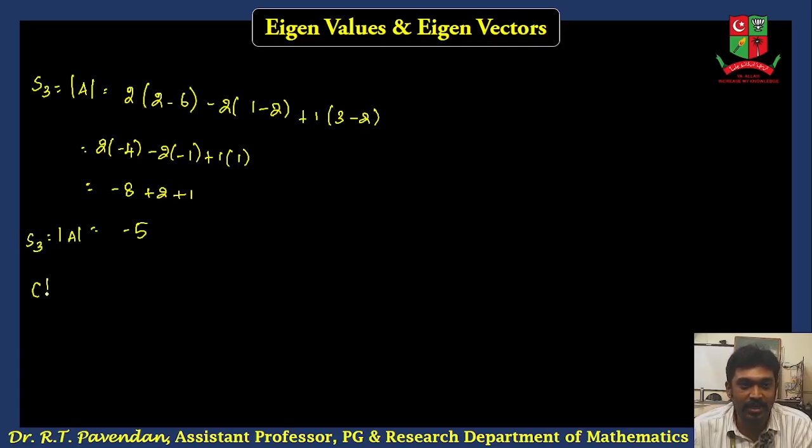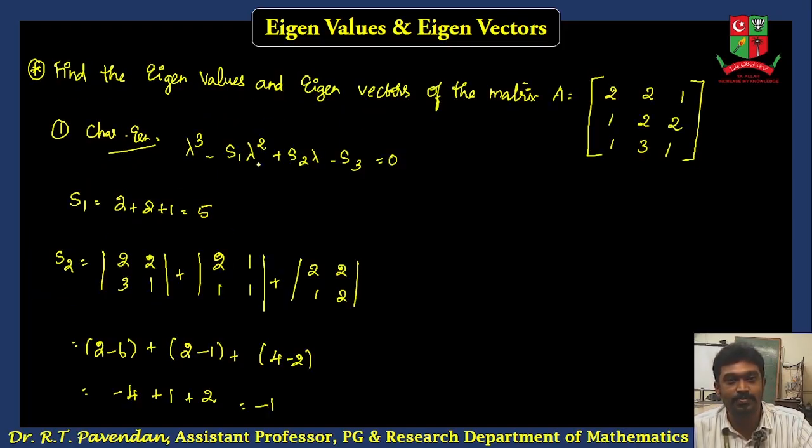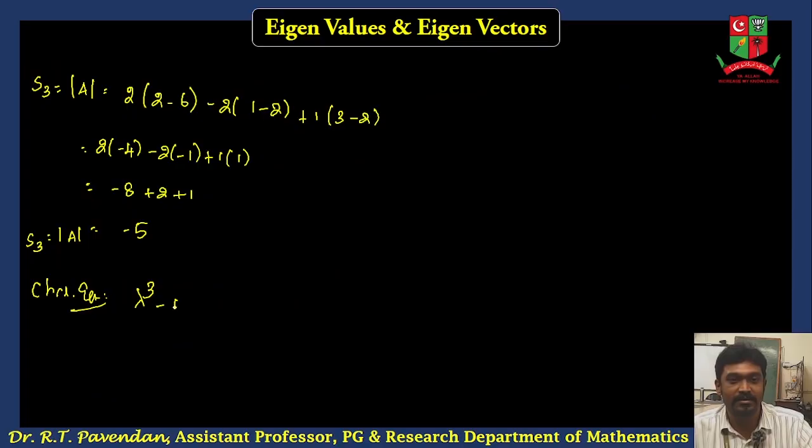So the actual characteristic equation is, we have to substitute the values of S1, S2, S3 in our assumption. So that is going to be lambda cube minus S1 lambda square. The S1 value is 5, so it is going to be minus 5 lambda square.